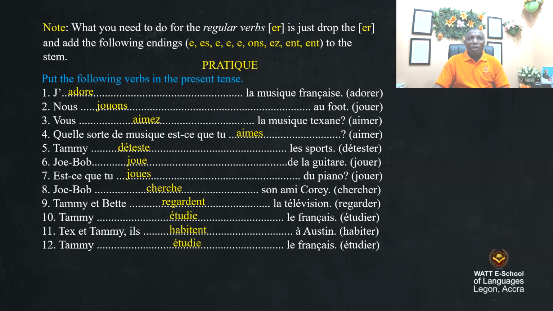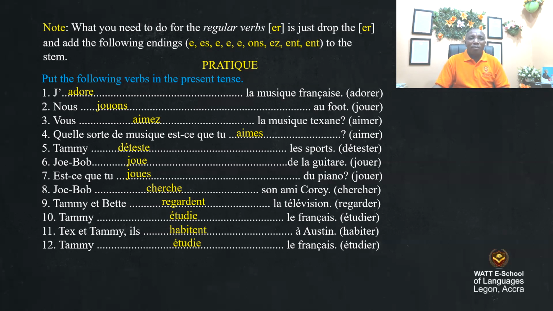All right. You've seen how you're able to conjugate the verb ER, that's first group verb, in the present tense. You just need to drop the ER, which ends the verb, and add the following: E, ES, E, ONS, EZ, ENT to the stem, and you have your way.